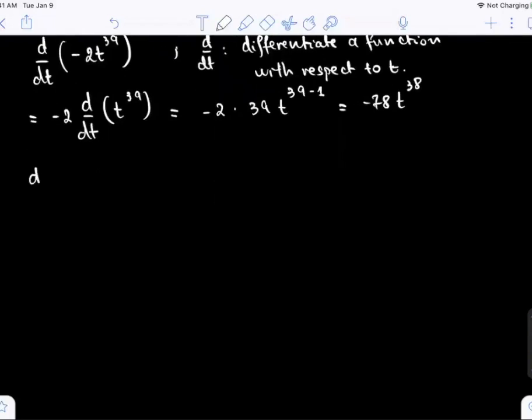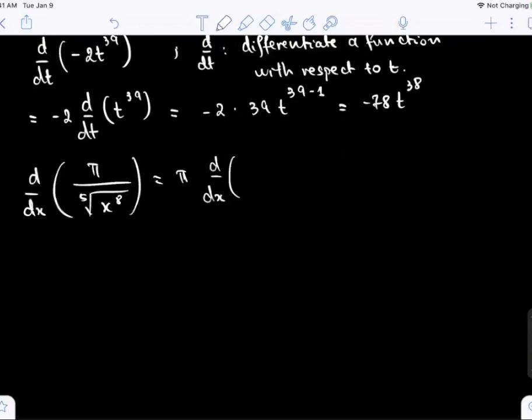Next question, I'd like to do d dx of pi over the fifth root of x to the 8. So pi is the constant multiple. I'm going to write pi out here and just apply the differentiation operation on the function 1 over the fifth root of x to the power 8. You know how to do this by now, hopefully. Turn this into a power function.